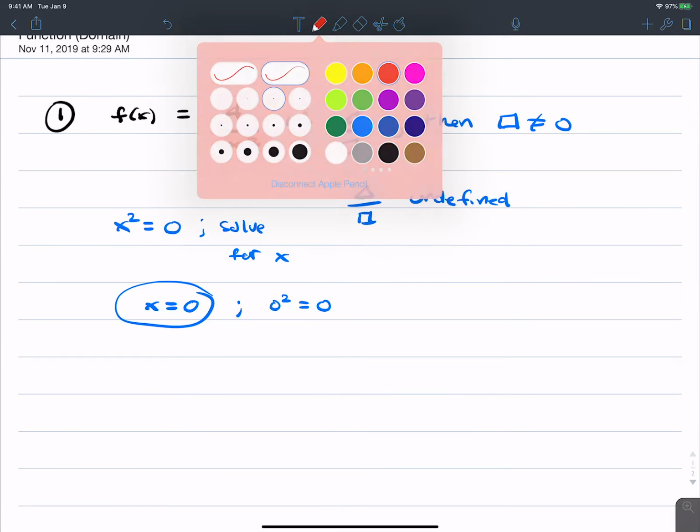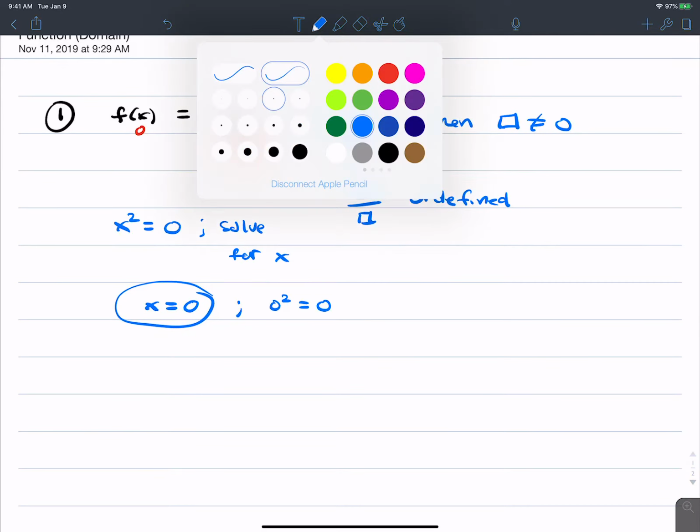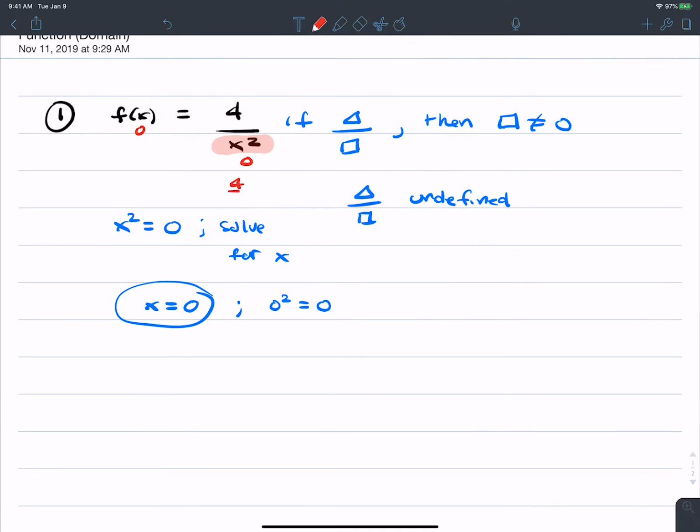If you recall, if I plug 0 in here for x, we get 4 over 0 squared, which will be 4 over 0, which is undefined. So we're using this approach. We want to actually find where the denominator equals 0, because we don't want it to be 0. That's where the fraction will be undefined. So we throw out this value from our domain.